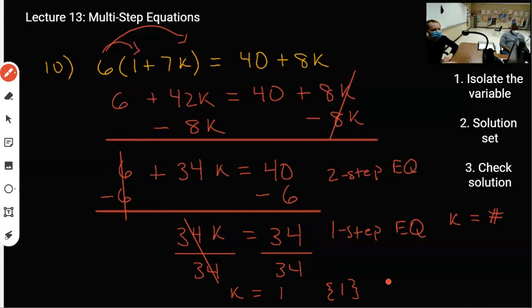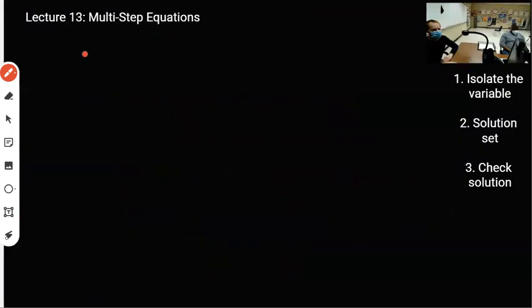Okay. So 1 should be able to work if I was to plug it back in. So let's go ahead and check, just to make sure. Okay, so I'm starting off with my original.